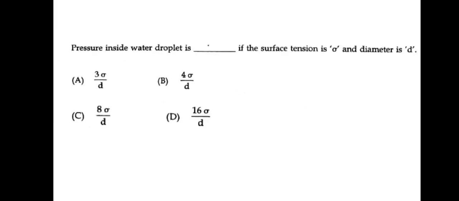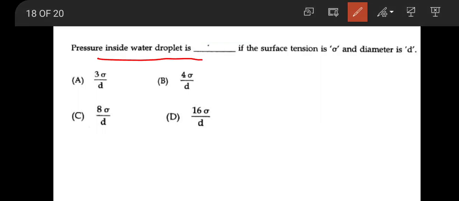Next question, water pressure inside water droplet is dash if the surface tension is sigma, diameter is D. So if you see water droplet, the surface tension and diameter give 4 sigma by D. Okay. Now this is because the water droplet has two surfaces in contact with air, one the outer surface and another the inner surface.